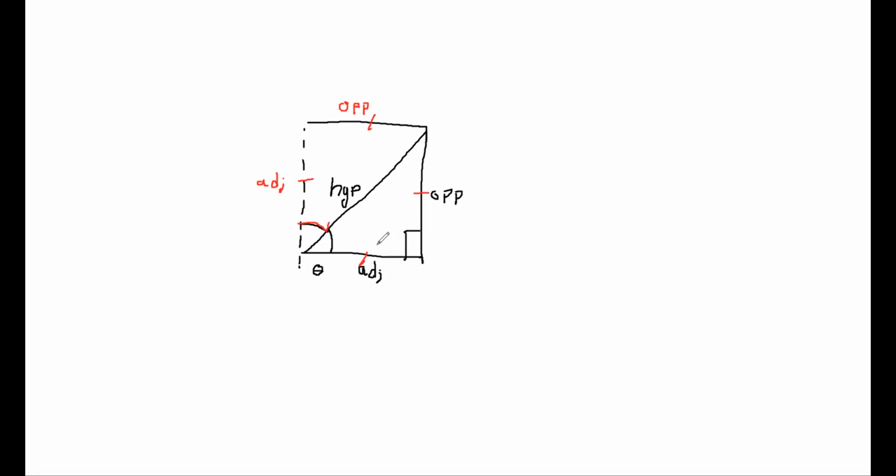So how do we use sine, cosine, and tangent to do this? Do you guys remember the... So we've got a mnemonic device that you were all given and asked to memorize.